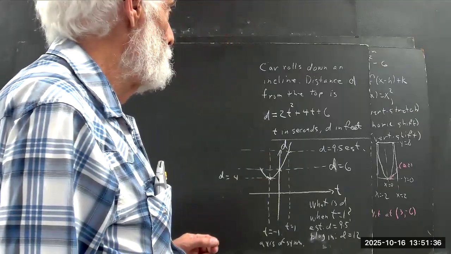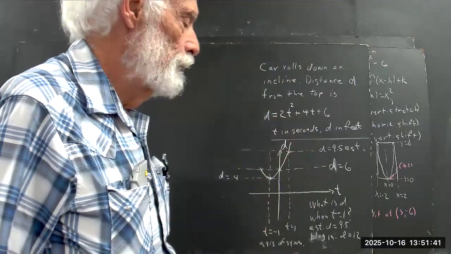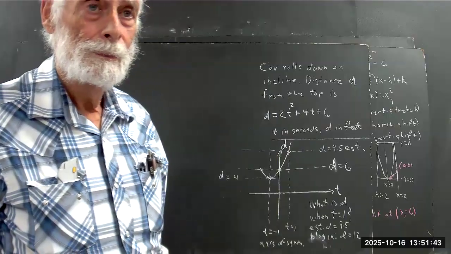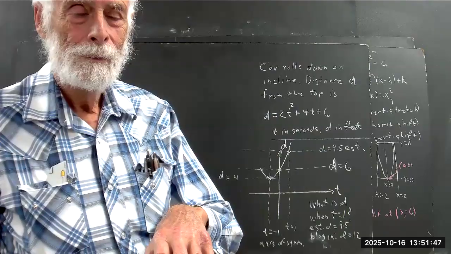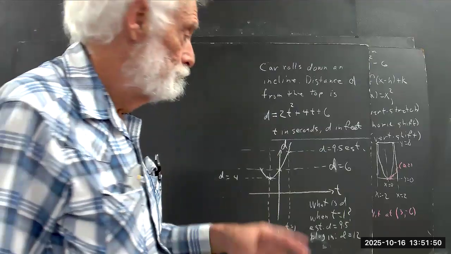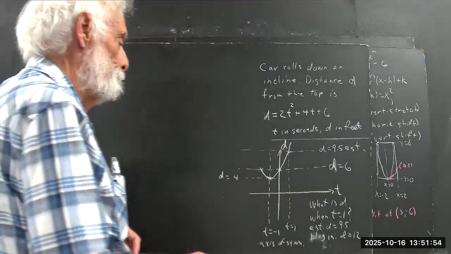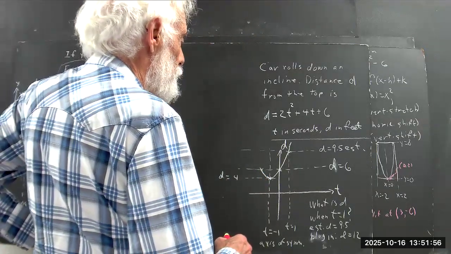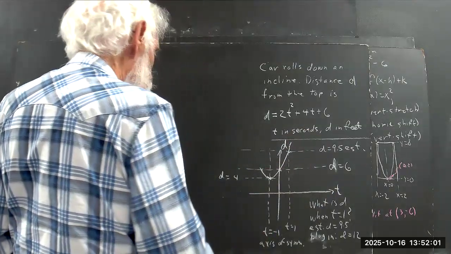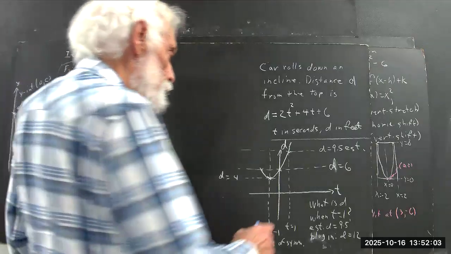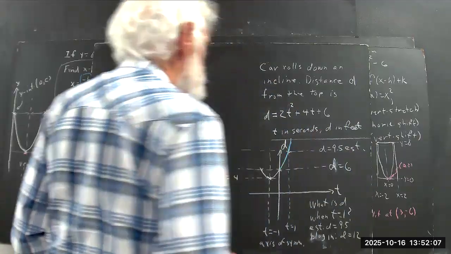The point is that this gives you a graph that you could use to estimate how far the thing is, or when it's at this point or another point. And this does represent the motion of the car down the ramp. However, the domain of the function is only from 0 on.